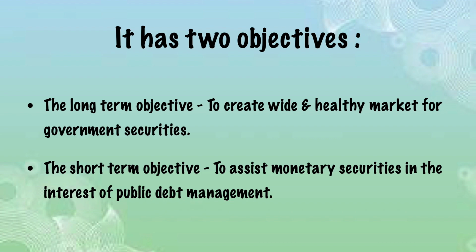Correct? So if the government needs money, or wants to raise money, it can issue treasury bills, it can issue bonds in the form of open market operations, and the government is ready to sell those securities to commercial banks, institutions, and yes, individuals can also purchase.